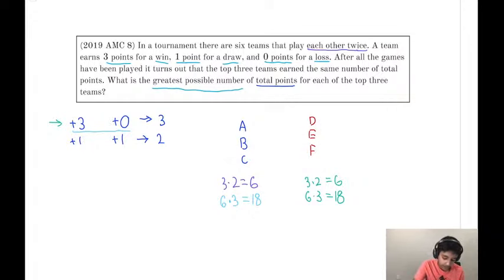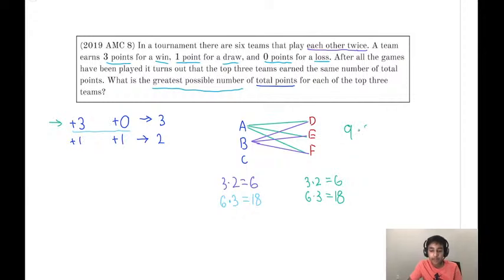So we can have something like A versus D, A versus E, or A versus F. Or B versus D, B versus E, B versus F. Or C versus D, C versus E, C versus F. So in this case, we have a total of 9 possible games, times 2 because each game is played twice, so 18 games. In these 18 games, at most 3 points are awarded each, for 54 points.